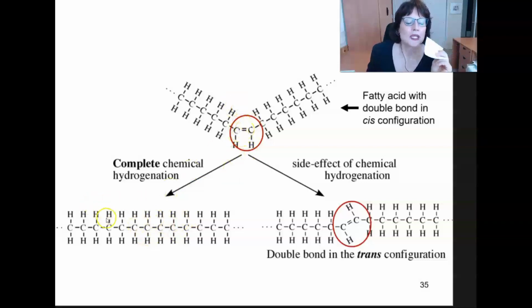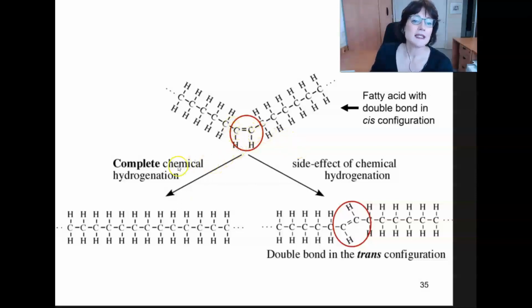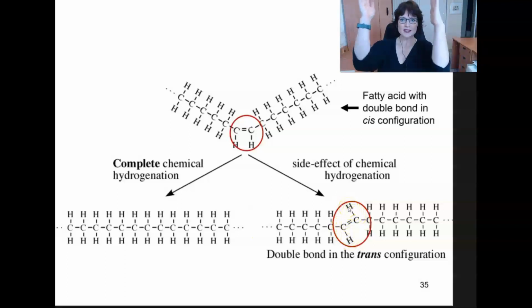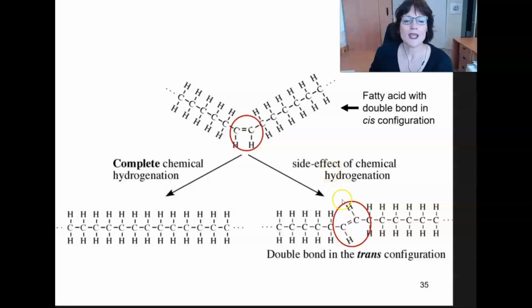So here we have a saturated fatty acid via hydrogenation. But an unfortunate byproduct of this hydrogenation process is that instead of forming a saturated fatty acid, it remains unsaturated. However, the hydrogens are in trans. So cis, same side; trans. Even though this is unsaturated, it's a trans unsaturated fatty acid.